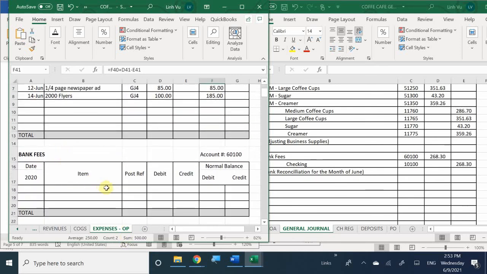Second entry in, bank fees. So here, you could be specific. Service charge, $50.